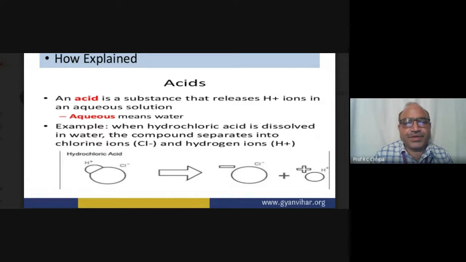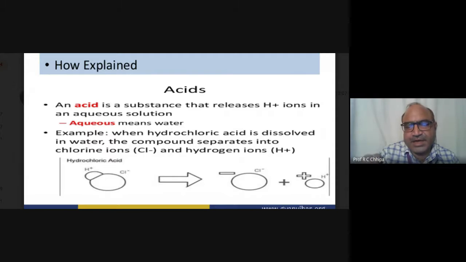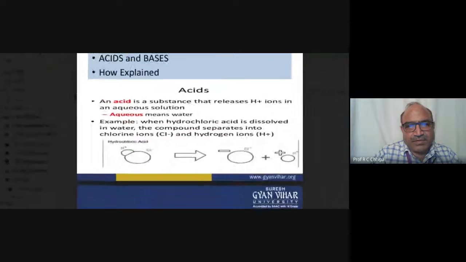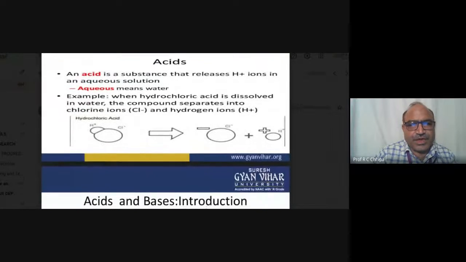In a solution, solute and solvent are present. So an acid is a substance that releases hydrogen cation in an aqueous solution. Aqueous means water.